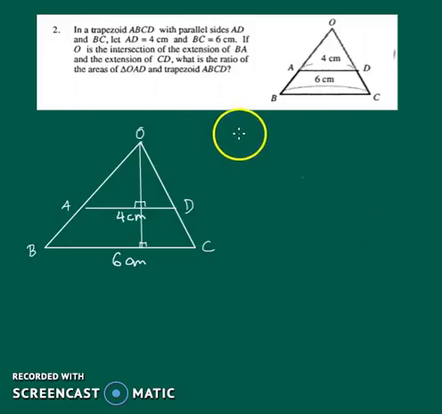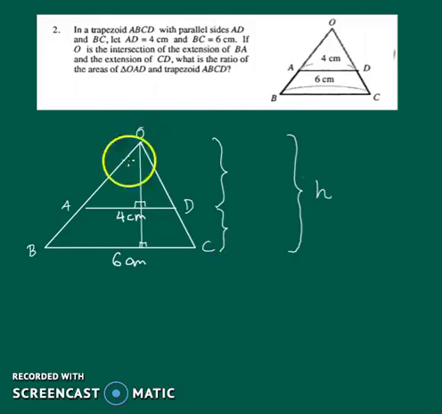Now we're going to have to use our imaginations here to solve this question because we're not really given any other measurements, so we have to create our own. So first of all, I'm going to call the height of this large triangle here H. So this entire measurement here is going to be called H. Now, in terms of H, what are the measures of this piece here and this piece here?